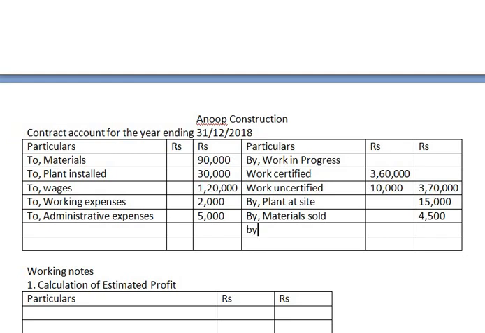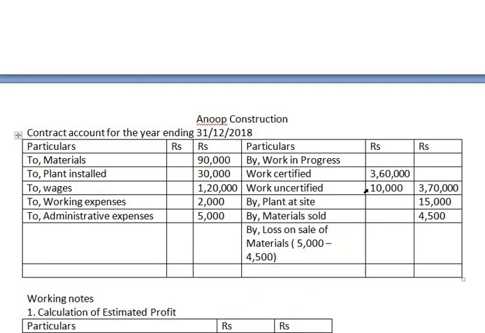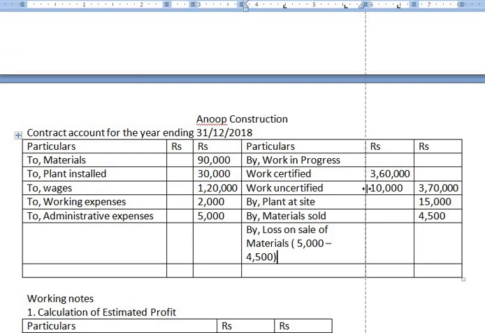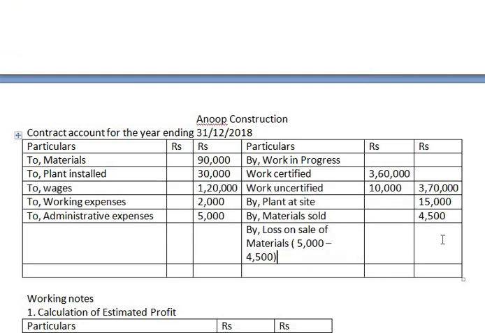By loss on sale of materials. In brackets you can show the calculation: the material was costing rupees 5,000, which is sold for rupees 4,500, and the amount is 500.